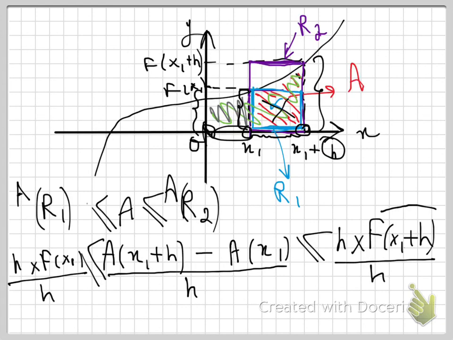Back to the previous page, here in this figure, notice that to get a perfect area, the distance between x1 and x1 plus h must be very small. So if h is very small, we will get approximately a straight segment here.